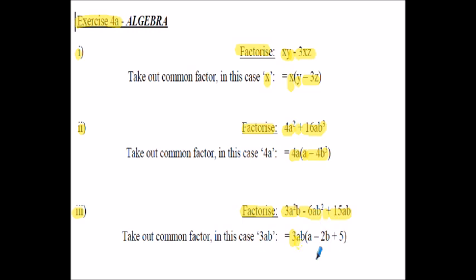So a is the highest common factor. And looking at the b, we've got b in the first term, b squared in the second, b in the third. So b is the highest common factor. So 3ab is the highest common factor for all the terms. Inside the bracket, we'll get an a minus 2b and a plus 5. Again, you can check that by expanding the brackets.